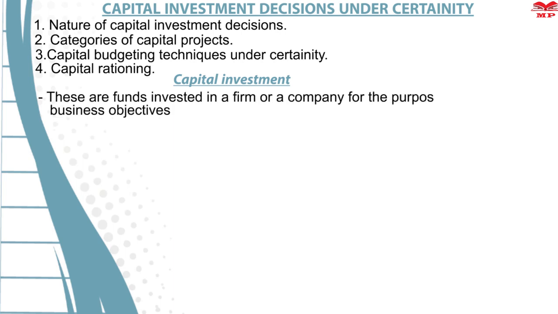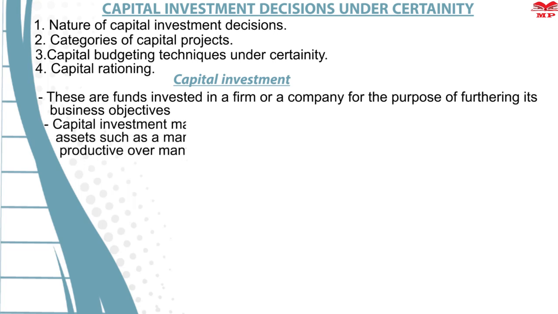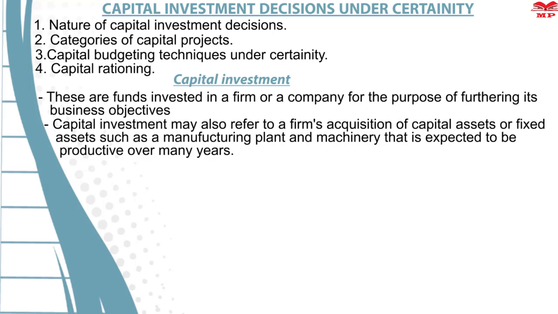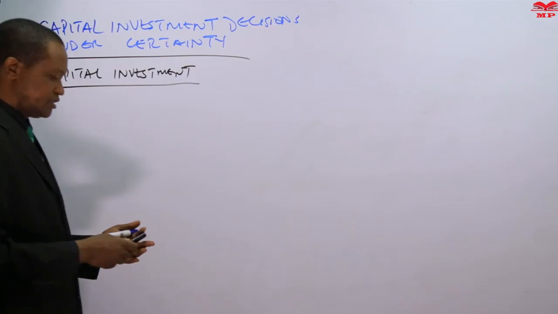These are funds invested in a firm or a company for the purpose of furthering its business objectives. Capital investment may also refer to a firm's acquisition of capital assets or fixed assets such as a manufacturing plant, machinery, and so on, that is expected to be productive over many years.